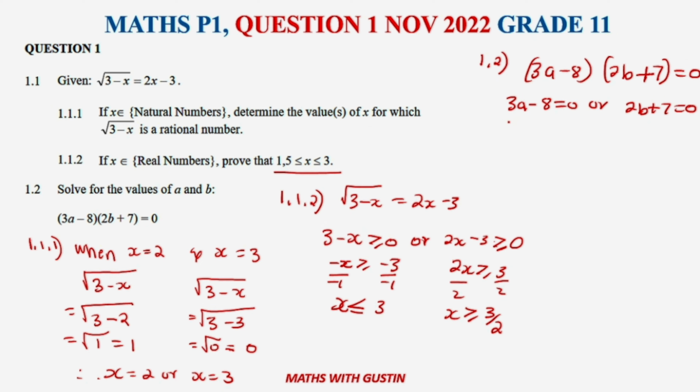So 3a is equal to 8, then you divide by 3 on both sides: a is equal to 8 over 3. Or b, in this case, 2b, the 7 goes to the other side as minus 7, divided by 2 on both sides. Therefore b is equal to negative 7 over 2. That's how you would deal with a question like this one.